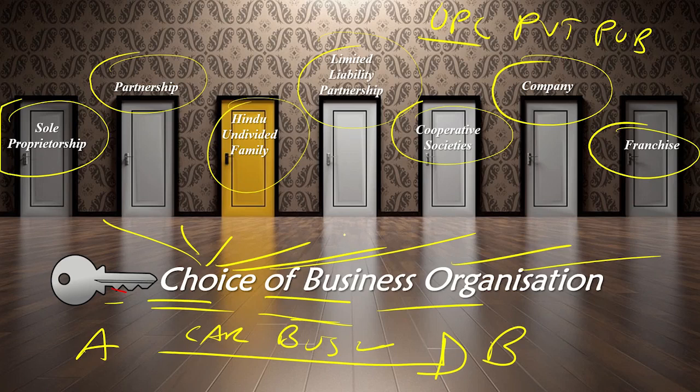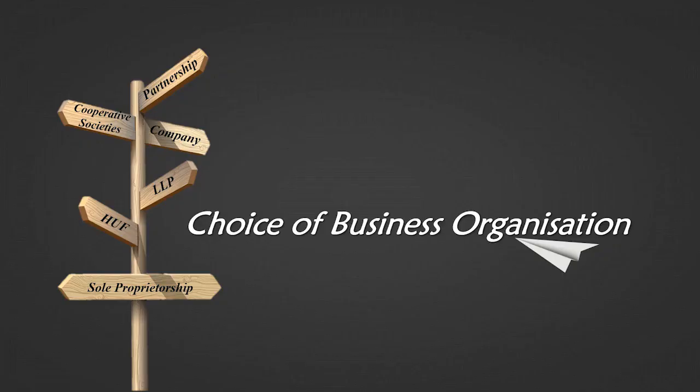In the same way, for the choice of business organization, depending on what your business is, you can decide which form of business you should choose to carry on your activities. When you are a student, when you have completed, let us say, 10th standard, at that time you have so many options.